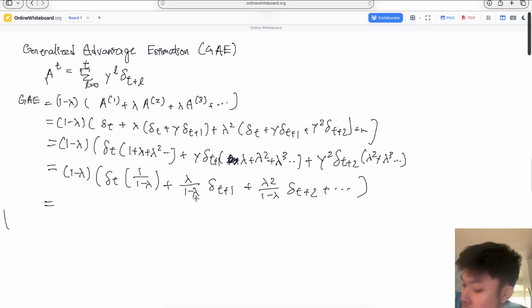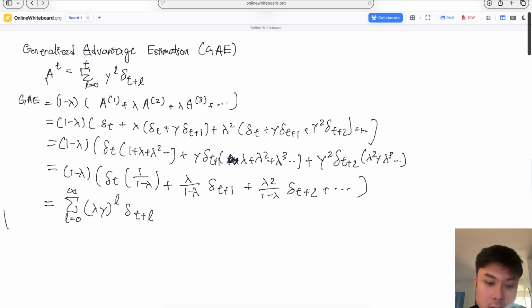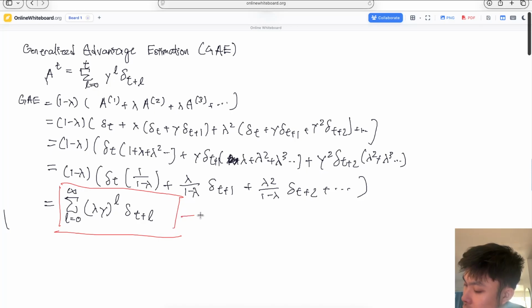And this will actually cancel out the denominators. So what we finally end up with, going all the way to infinity, is the sum over l from 0 of (lambda gamma) to the power of l times the temporal difference at time step t plus l. And this is actually the formula used for generalized advantage estimation.